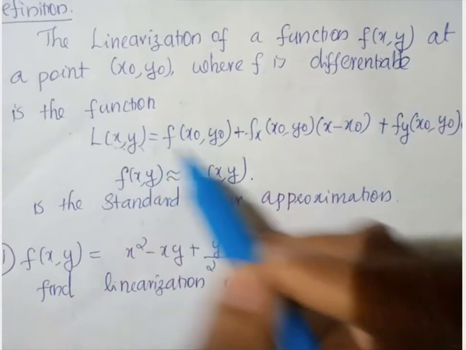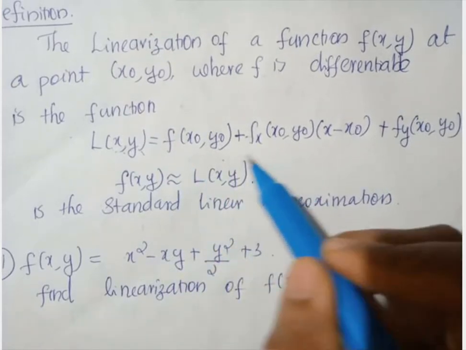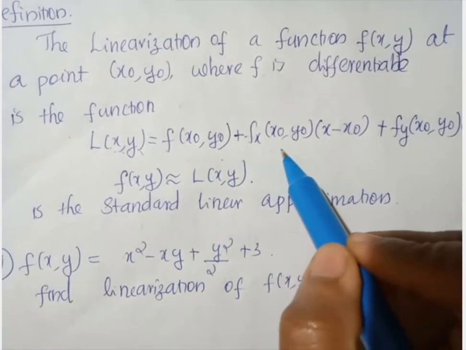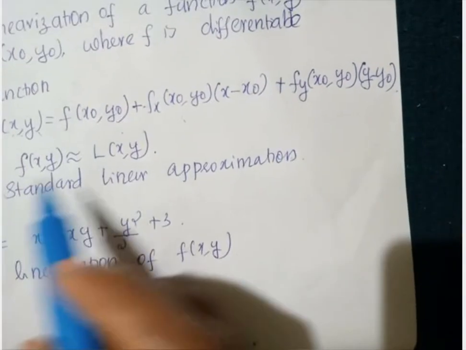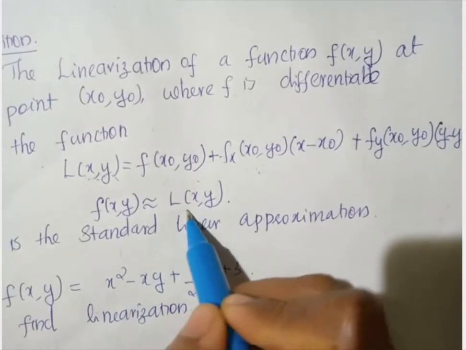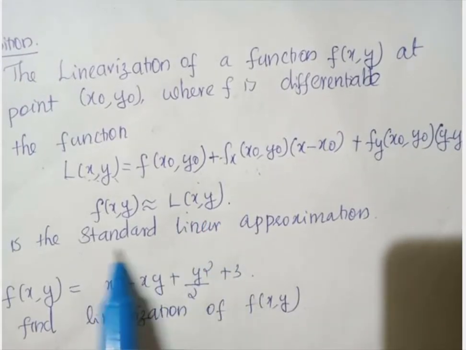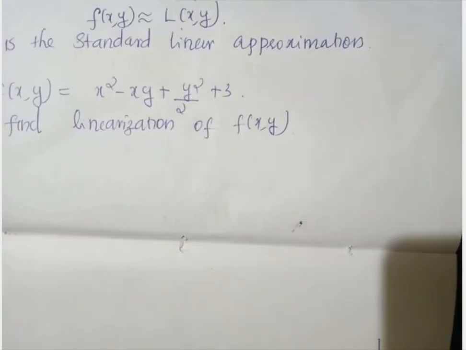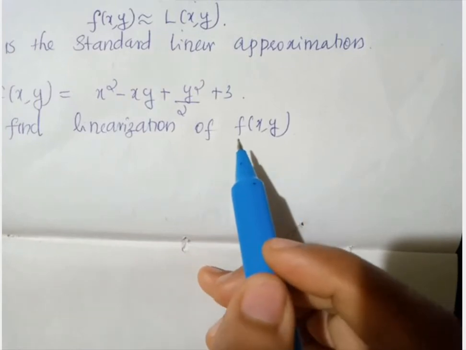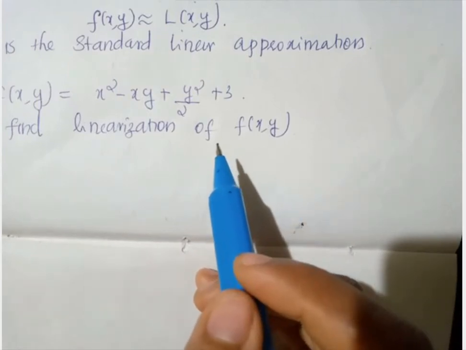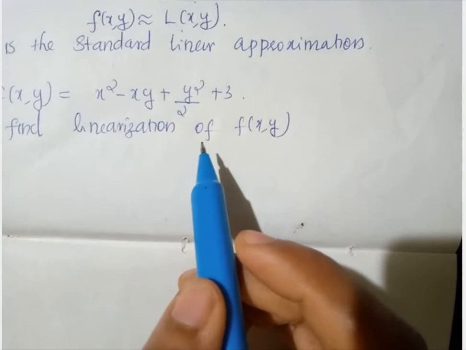The definition is f of x naught, y naught plus fx at x naught, y naught into x minus x naught plus fy at x naught, y naught into y minus y naught. This is equivalent to L of x, y. This is the standard linear approximation. So, how can you find the linearization of a function f of x, y?